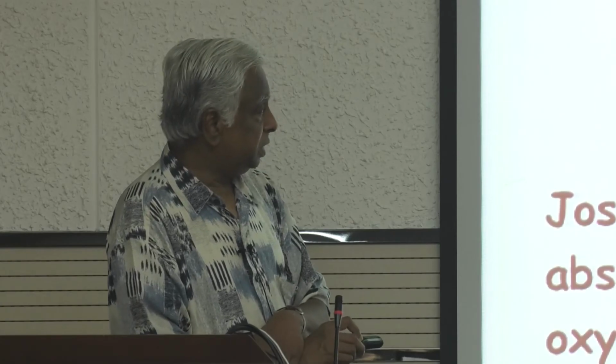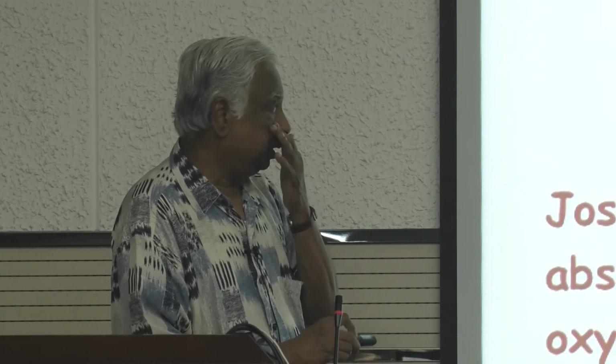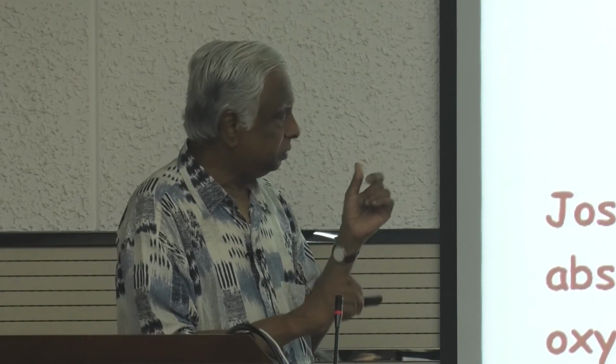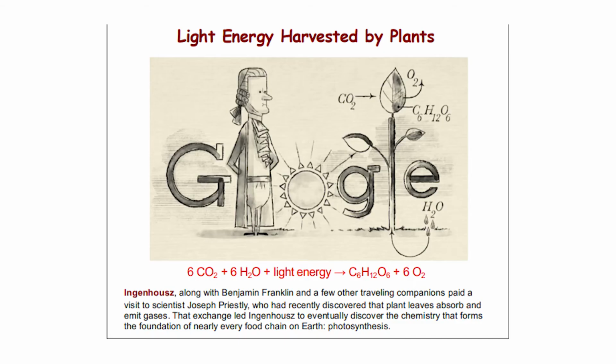So he published a paper in 1774, and this is the beginning of the importance of carbon dioxide and water. Okay, and for example, 6 molecules of carbon dioxide, 6 molecules of water, plus light energy, which is good for us for photochemistry. Otherwise, in photochemistry, we don't have anything to tell how great photochemistry is.